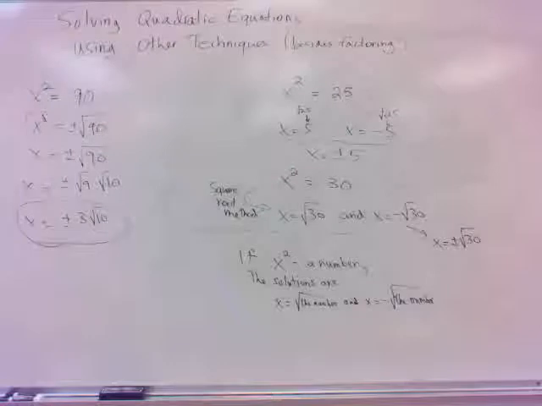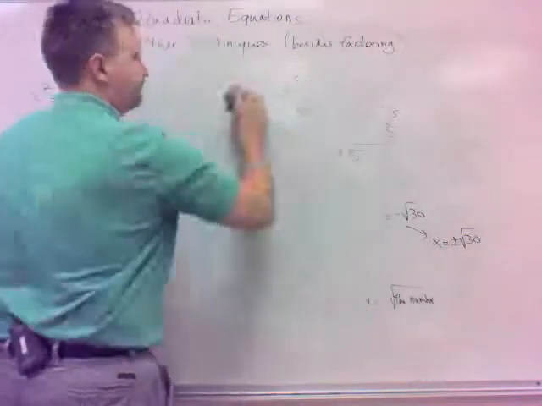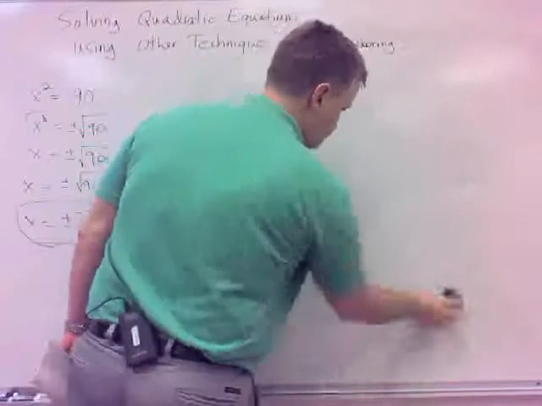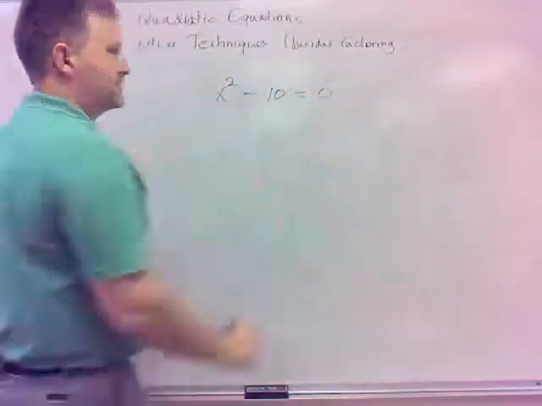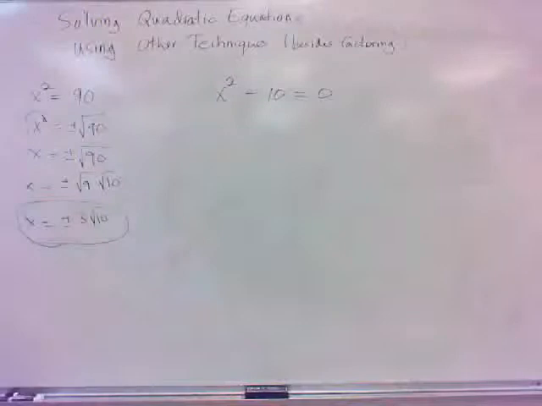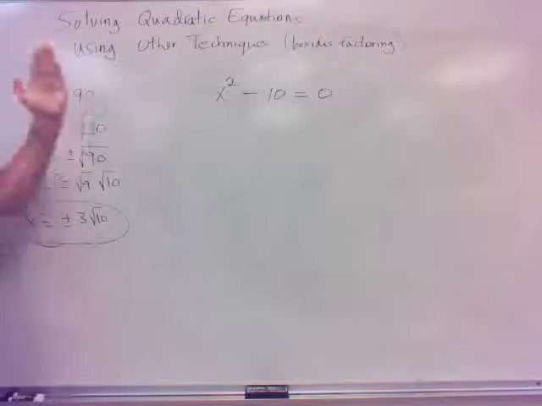All right, so let's go back to our x squared minus 10 equals 0 problem. If I'm going to use that square root method to solve that one, what do I need to do? Yeah, I need to move the 10, don't I? I need it to look more like this: x squared equals a number.